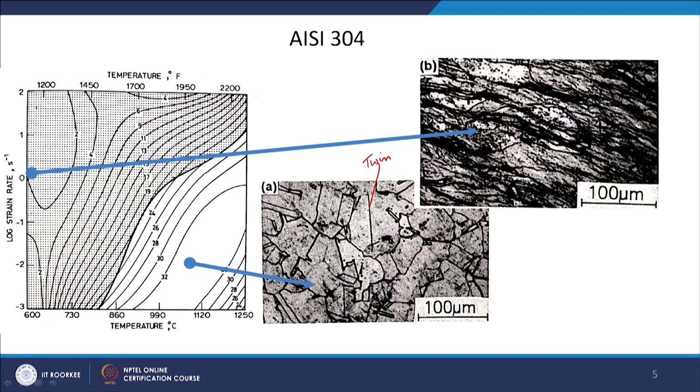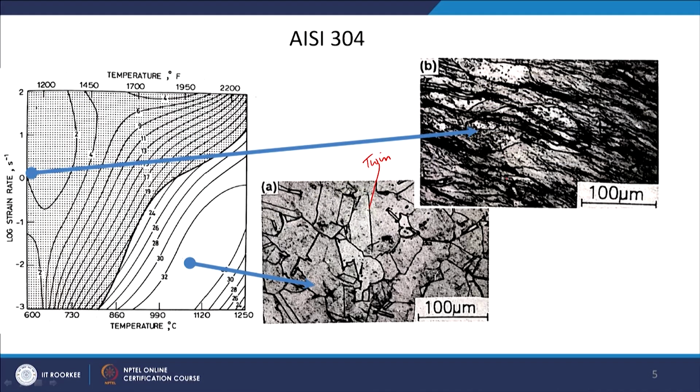So, flow localization means the deformation is concentrated in a few weak areas of the material. That is what you can see here, flow localization in the material, whereas in this microstructure I do not see any defect like that.